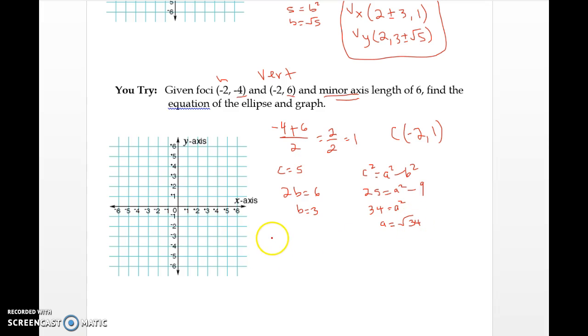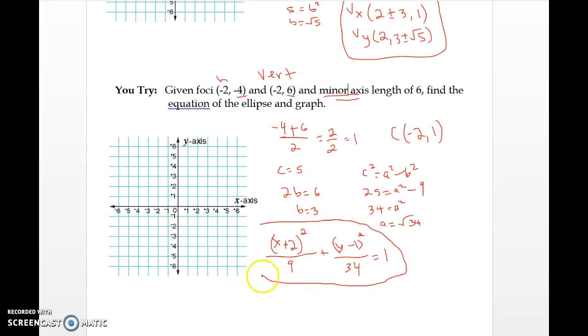Writing the equation, I'm going to do x plus 2, and because it's vertical, our b squared goes under x, which is 9, plus y minus 1 squared over a squared, which is 34, equals 1. That's the equation.